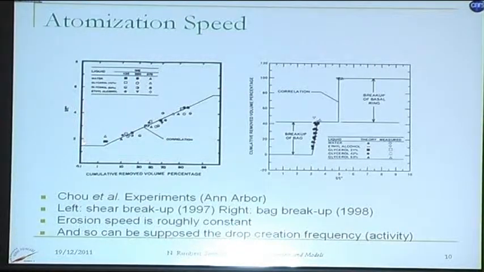You can see that the velocity is relatively constant, because here you have the cumulative removed volume percentage, so you are removing volume at a constant rate. Here it's for shear breakup. The same measurement has been made for bag breakup, and you still have something reasonably constant, and then you have big peaks during the breakup of the basal ring. So what we can say is that the erosion speed can be thought to be relatively constant.